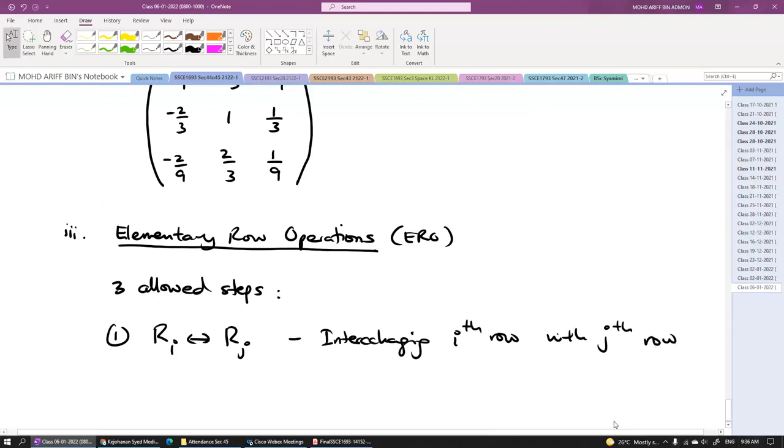J here is not a column, just notation, meaning row I and row J. You may interchange row I with row J, just change the position. For example, row 1 interchanged to row 2: all elements in row 2 you put in row 1, and all elements in row 1 you put in row 2.